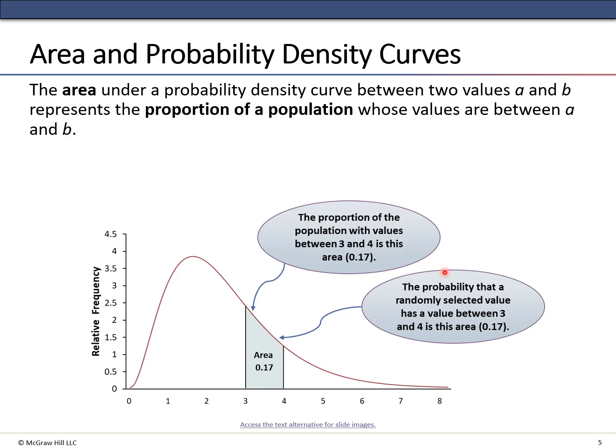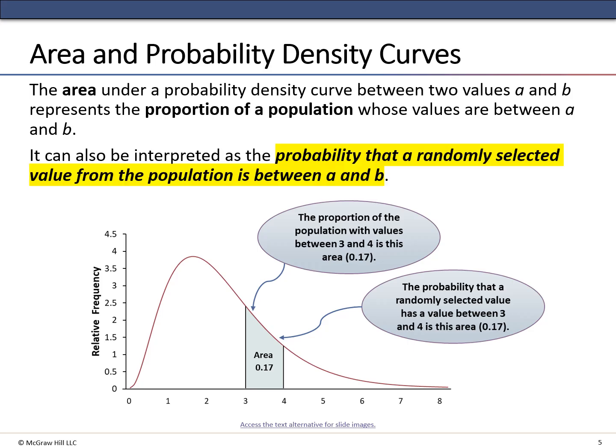So again, note the proportion and the probability are represented by the area under the probability density curve. Like I said, the probability can be interpreted from that proportion.